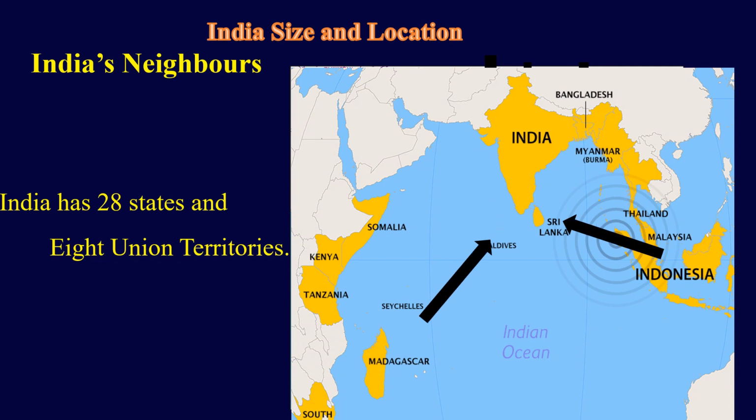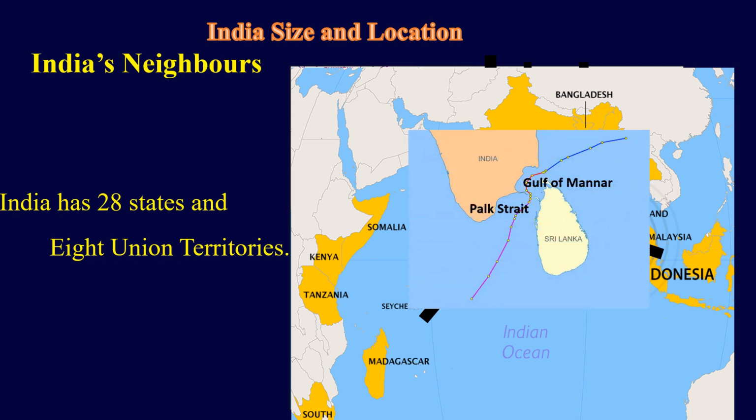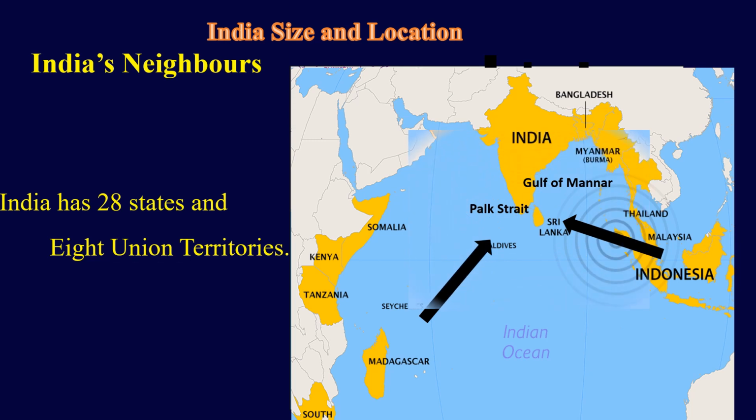Sri Lanka is separated from India by 2 water bodies, the Palk Strait and the Gulf of Mannar. The Maldives Islands are situated south of the Lakshadweep Islands in the Indian Ocean.